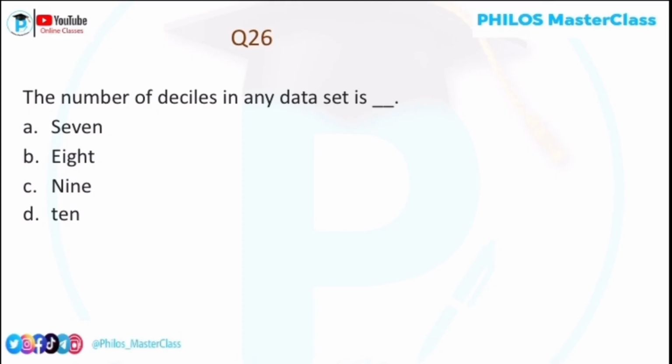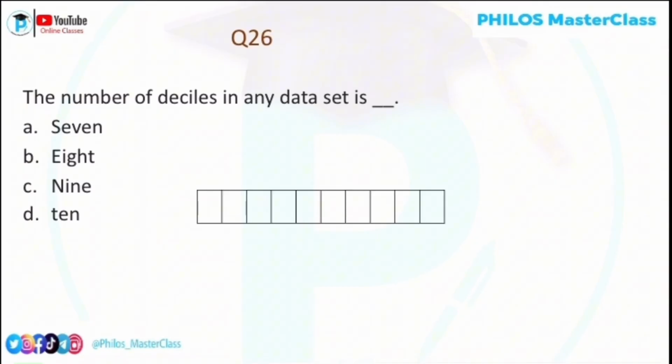This question says, the number of deciles in any data set is. Let me draw a rectangle and divide the rectangle into 10 equal parts. So I've divided it into 10 equal parts. Now let's count the lines within, the lines that I've used in dividing them.